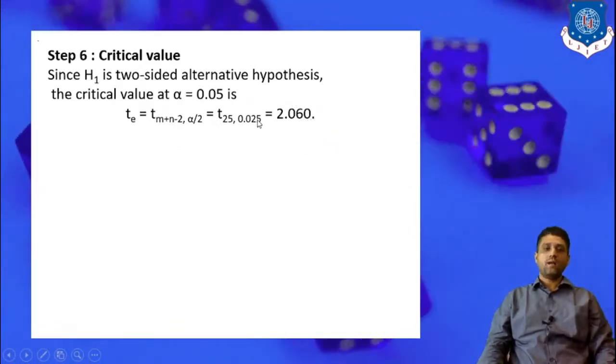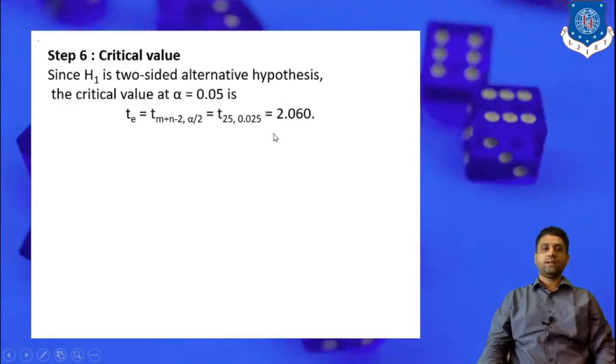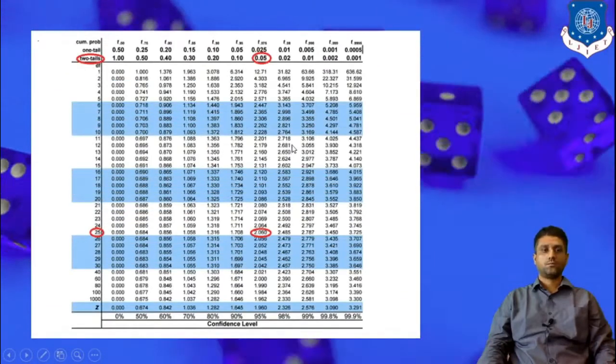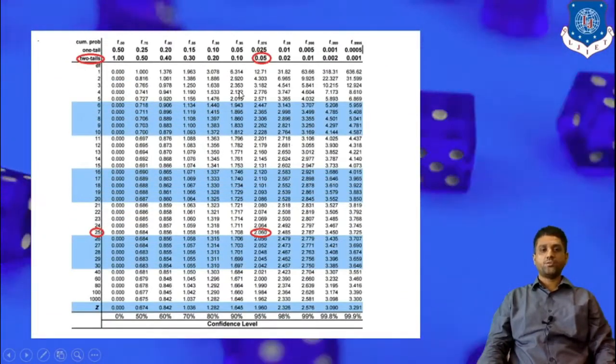Next I will show you how we can collect this tabulated t value from the t distribution table. Remember this tabulated value 2.060. So this is the t distribution table.